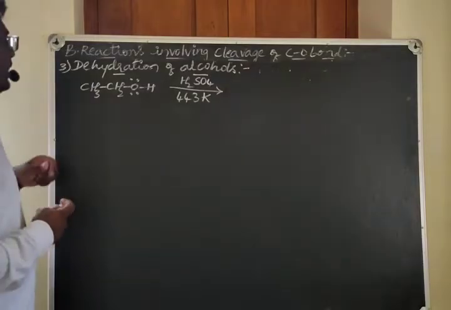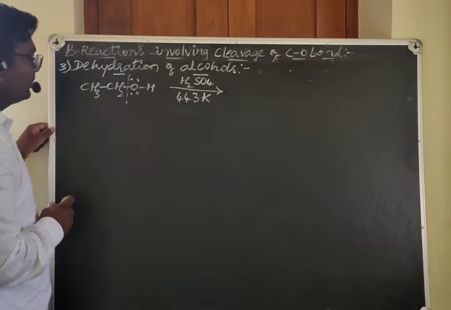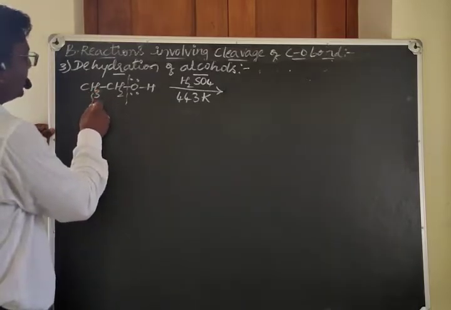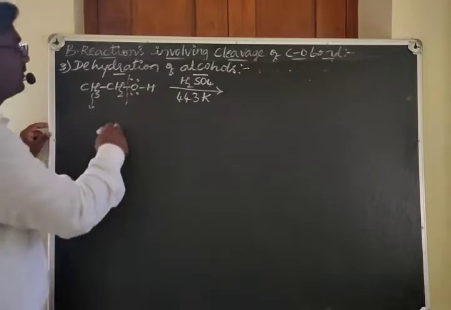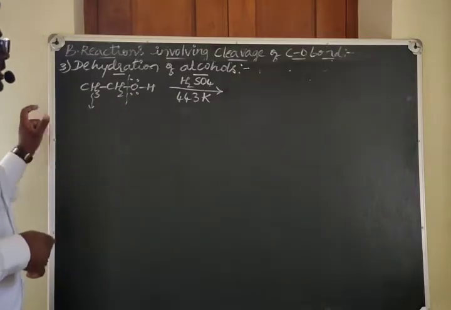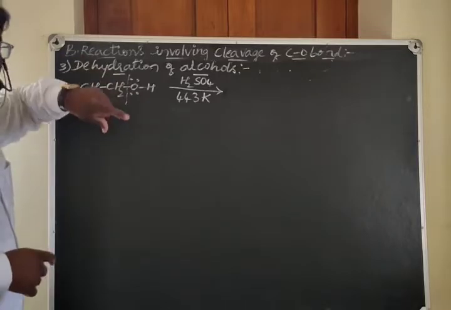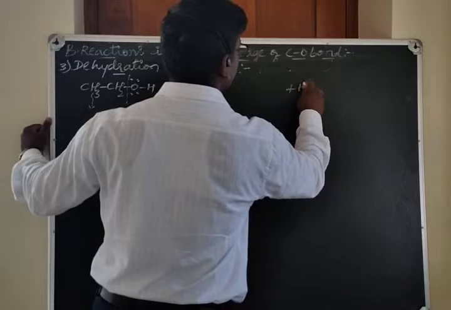what happens? The OH minus comes out, and from the neighboring carbon an H plus ion comes out. And here you can see the elimination of H plus and OH minus that results in H2O.